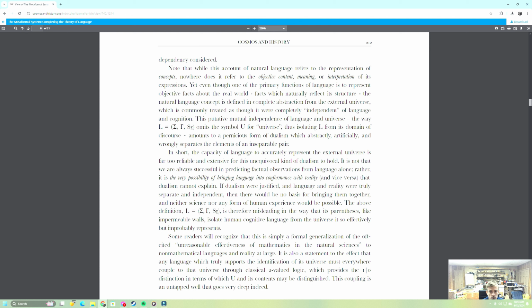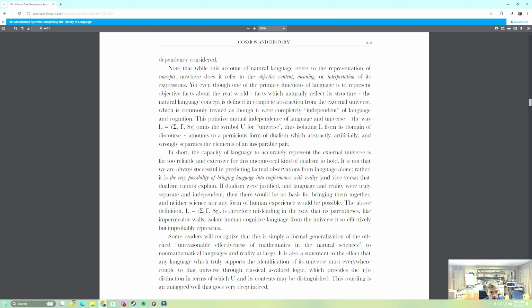Yet even though one of the primary functions of language is to represent objective facts about the real world, facts which naturally reflect its structure, the natural language concept is defined in complete abstraction from the external universe, which is commonly treated as though it were completely independent of language and cognition.